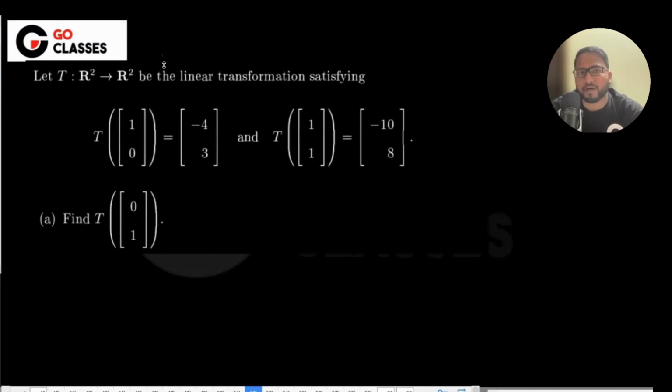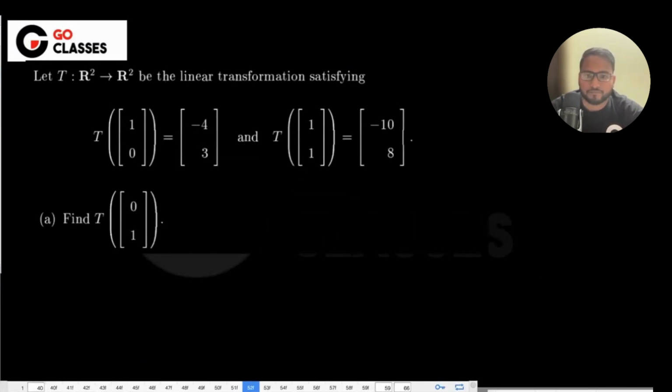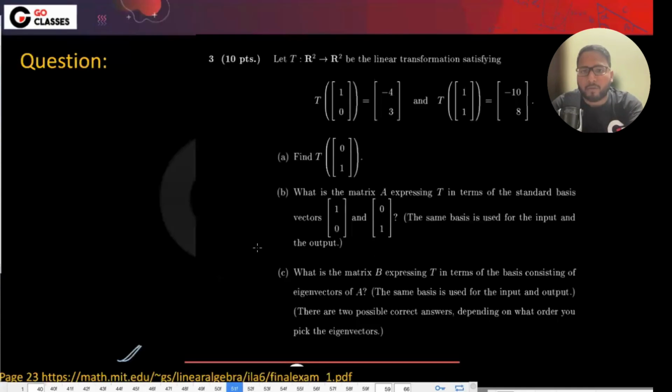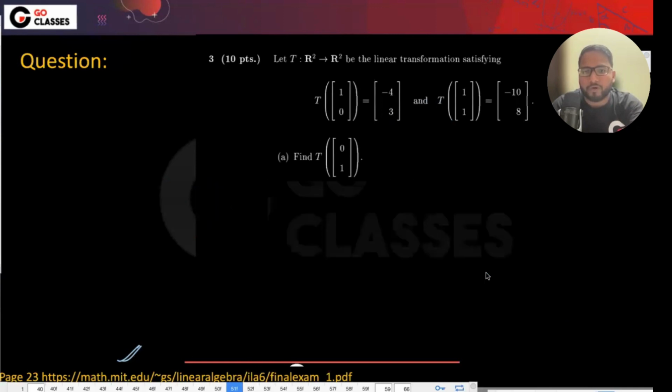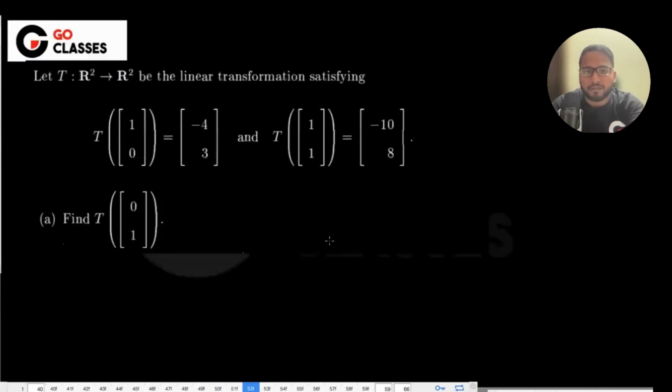Just try it out and let me know if you're able to do this. Those who did it, you can tell your approach. And if you want, you can also try options B and C. If you're done with A, then just try B and C also.